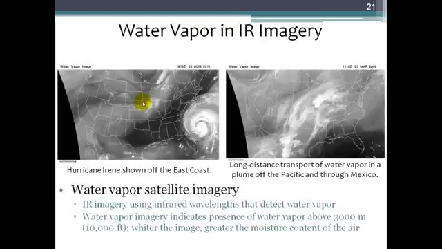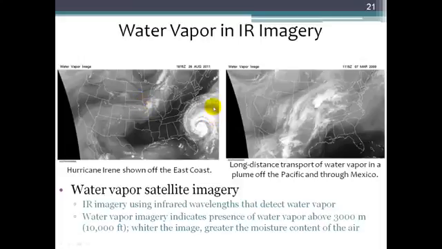Here we see water vapor in infrared satellite imagery. We can attune our sensors on a satellite to read through the infrared spectrum that picks up water vapor. And that's what we see in these images.